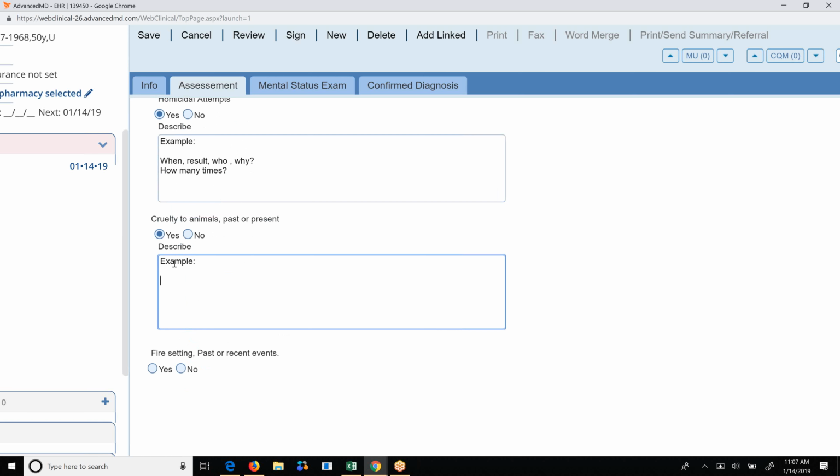Are we looking at something more than just a presentation of depression? Are we looking at possible prerequisite type behaviors associated with certain personality disorders? Keep that in mind as we go through this next section.